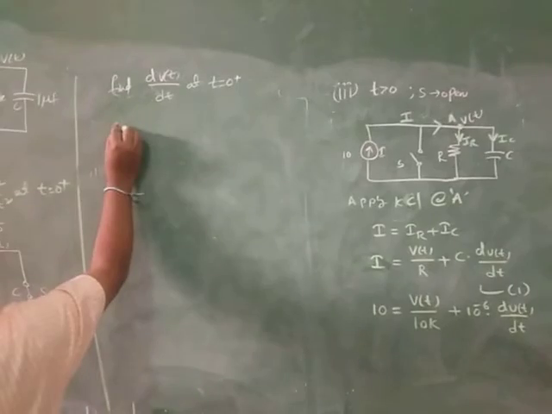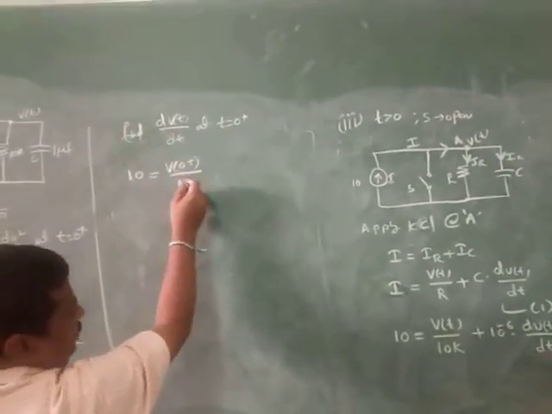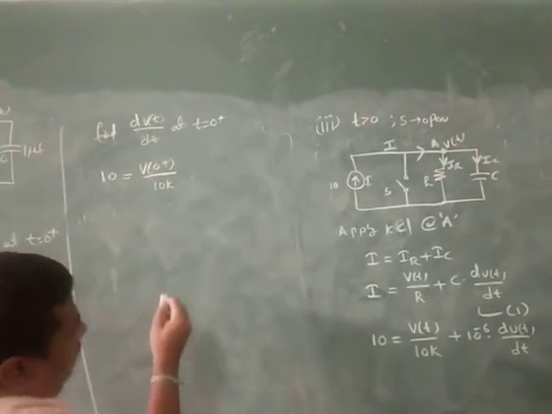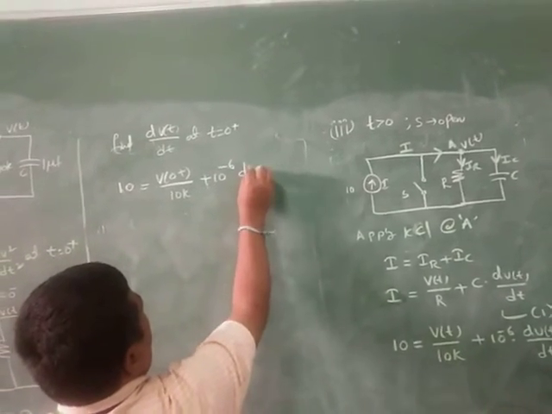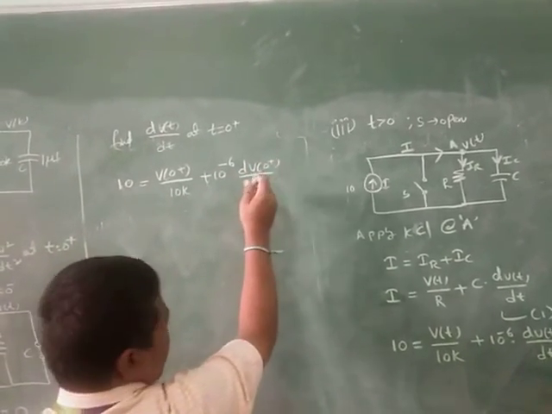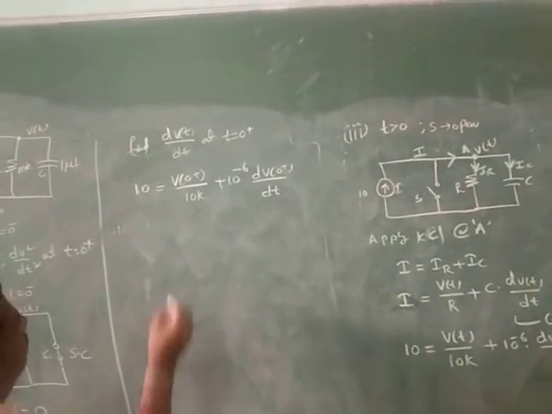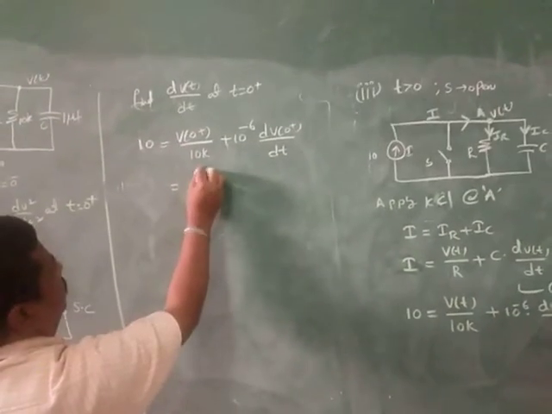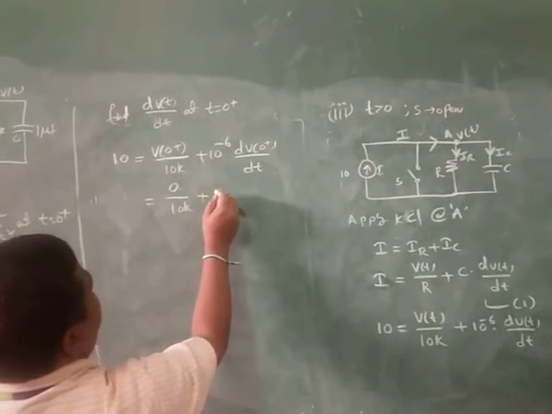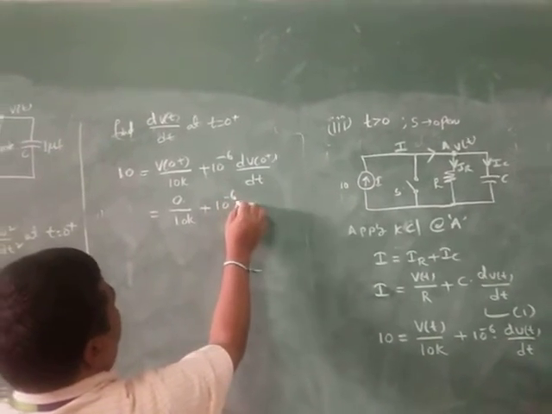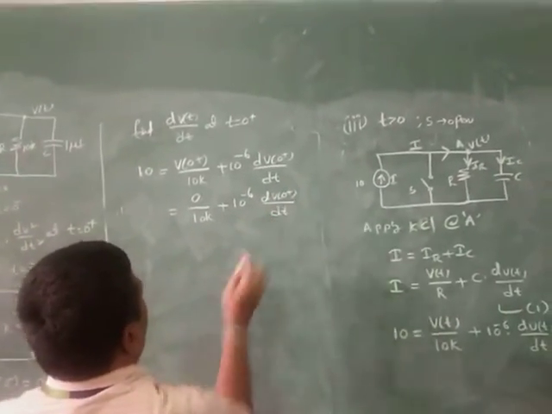Now here 10 is equal to V of 0 plus by 10K plus 10 power minus 6 d of V of 0 plus by dt. Then V of 0 plus is equal to 0, so 0 by 10K plus 10 power minus 6 d of V of 0 plus by dt.